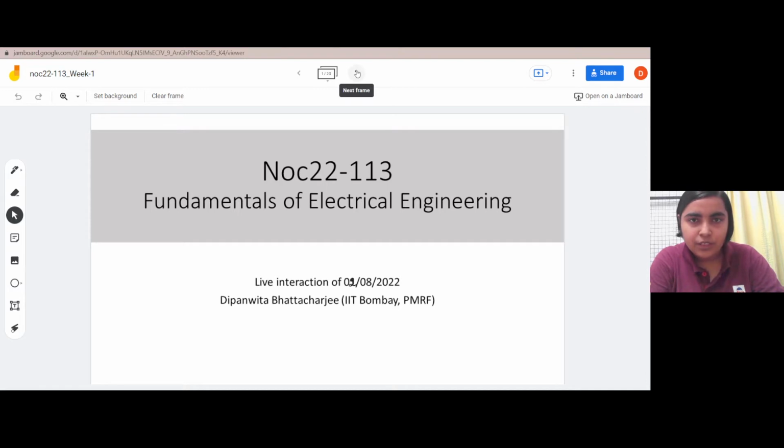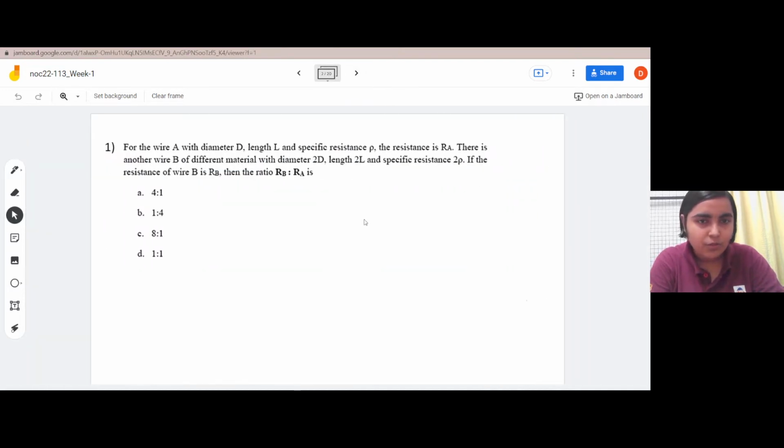So just for a quick warm up, we will try one very basic question. There is a wire A of diameter D and length L, and the specific resistance is rho.